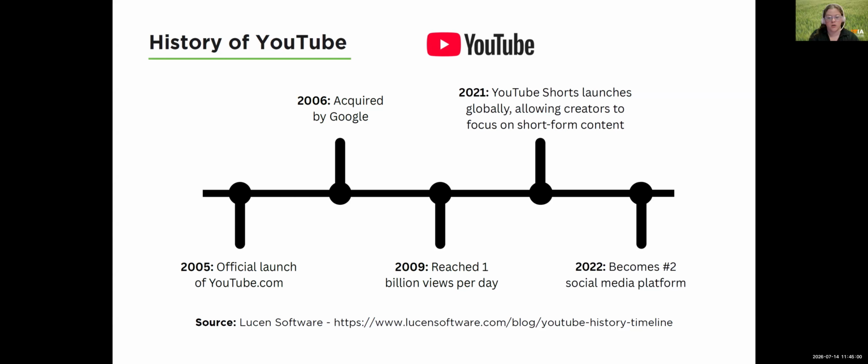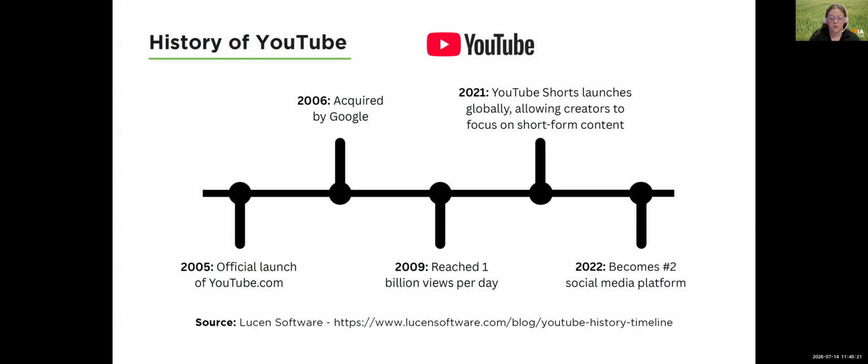And fast forward several years into 2021, YouTube launched what is called YouTube Shorts. So this is their short form content platform that's built into YouTube natively. Think of it as an alternative to Facebook or Instagram Reels or TikTok.